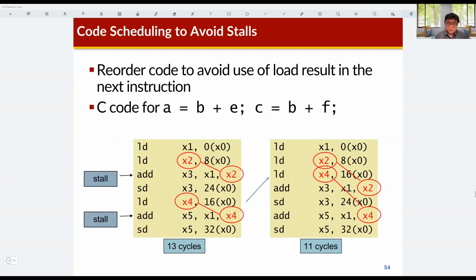I already explained the compiler technology that can improve the performance of a pipeline architecture.